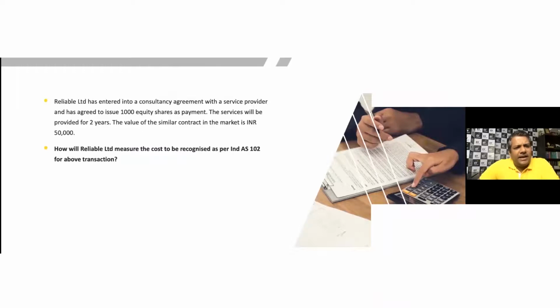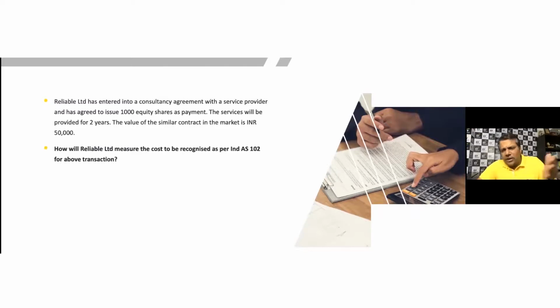Let's take this example. Reliable Limited has entered into a consultancy agreement with a service provider and has agreed to issue 1,000 equity shares as payment. The services will be provided for 2 years. The value of the similar contract in the market is INR 50,000. How will Reliable Limited measure the cost to be recognized as per Ind AS 102 for the above transaction? Now, this is a transaction with a non-employee. The fair value of the services is evident.